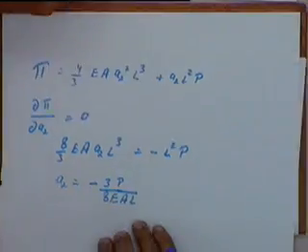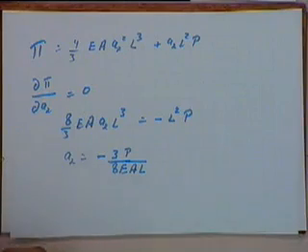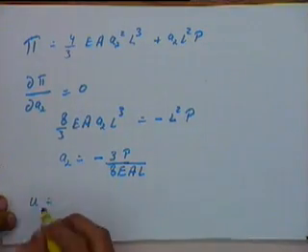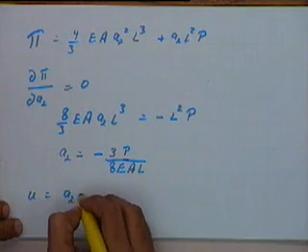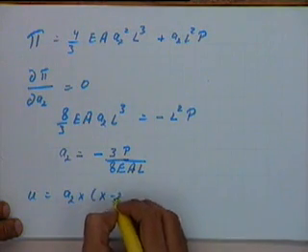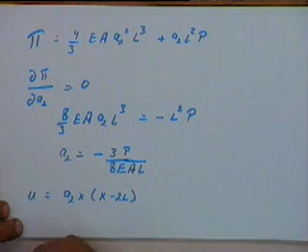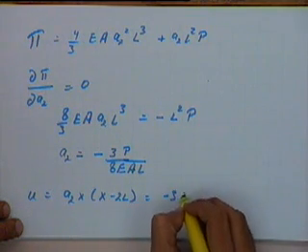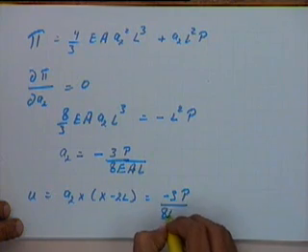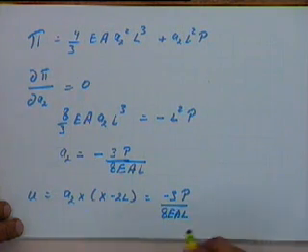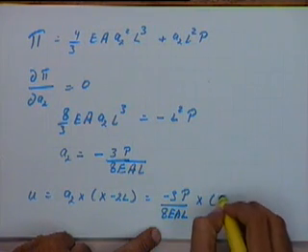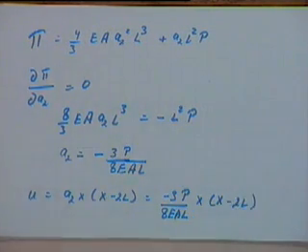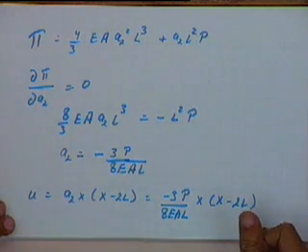Okay, which means that our deformation u is given by A2 x into x minus 2L. So this will become minus 3P by 8 EAL into x minus 2L. So this will be the expression for the deformation.